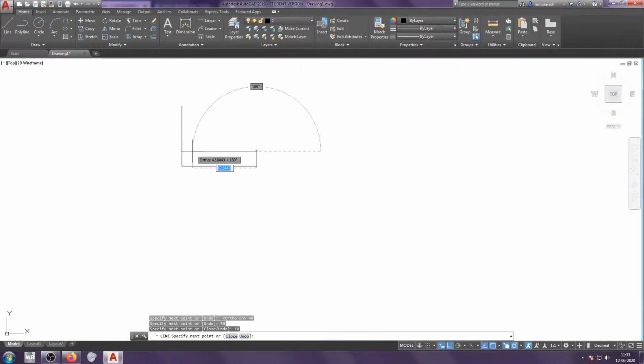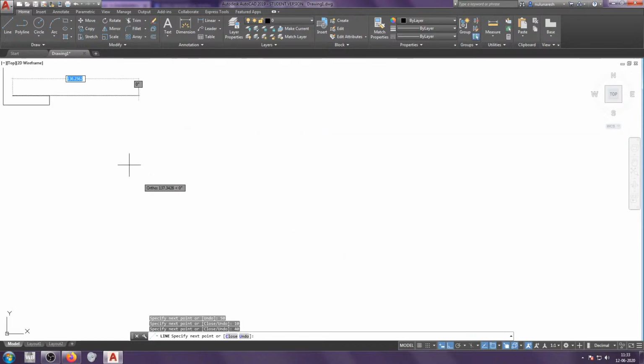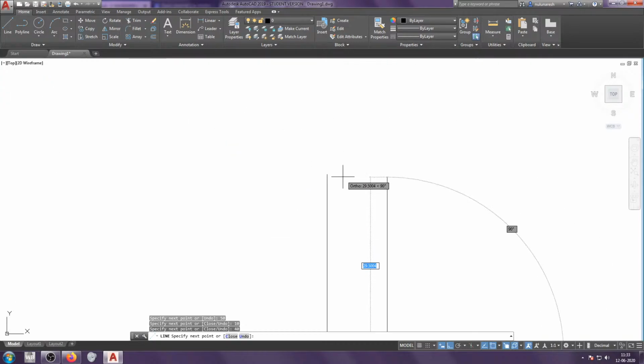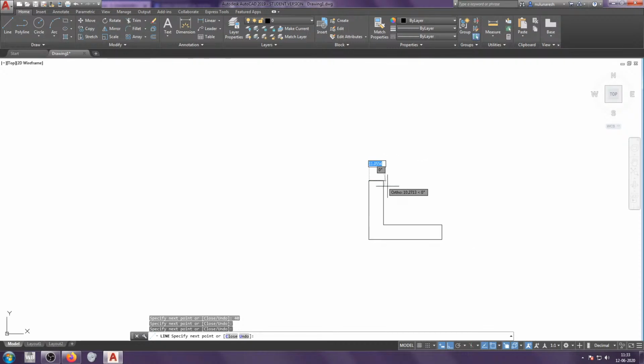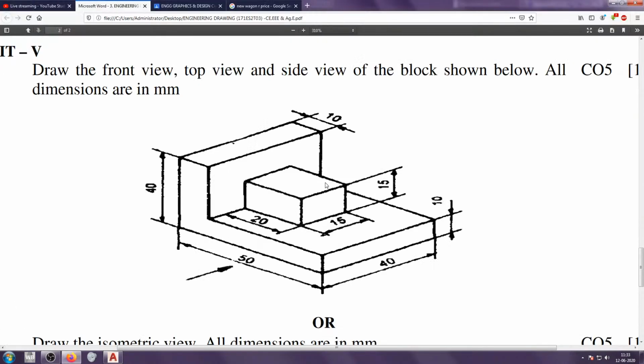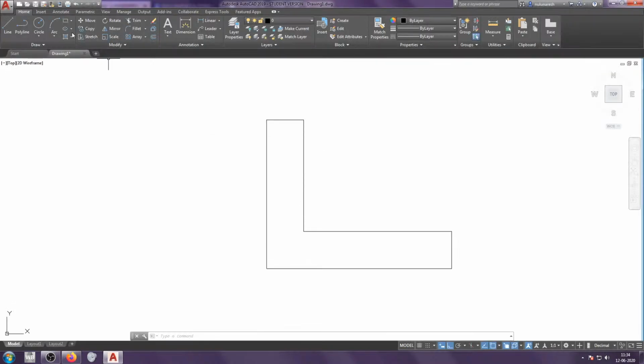And 40 again. That's one face that we see, and this face also we will be able to see. This face's dimensions are 20 and the height is 15.